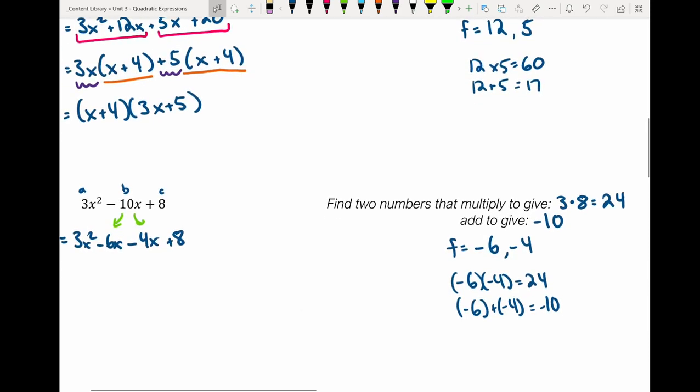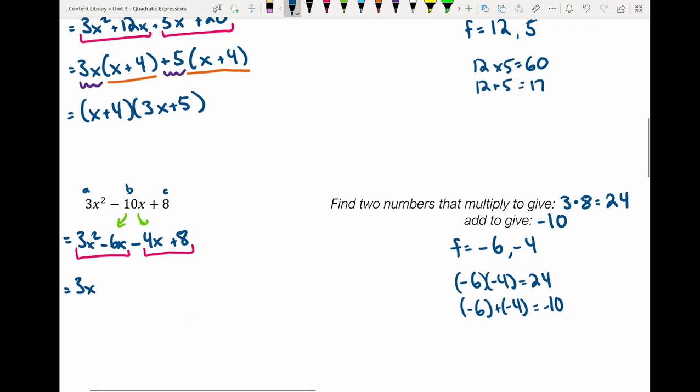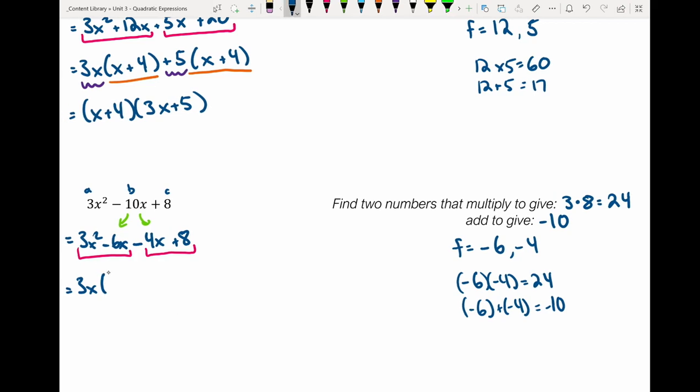And now my goal is to factor by grouping these first two parts. So if I look at the first pair, what is common between these? I should see that I have a 3x that's common. So I'm going to factor out 3x, be left with x minus 2.